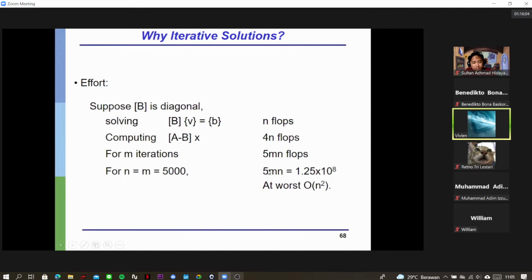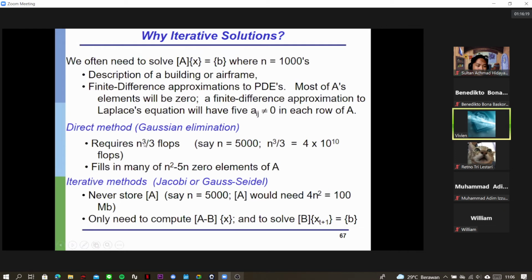So we see here that at worst, this depends on the number of iterations as well, but at worst it will be of the order of n squared. It means that it's only n squared, while what we have in Gaussian elimination is of the order of n to the power of 3.